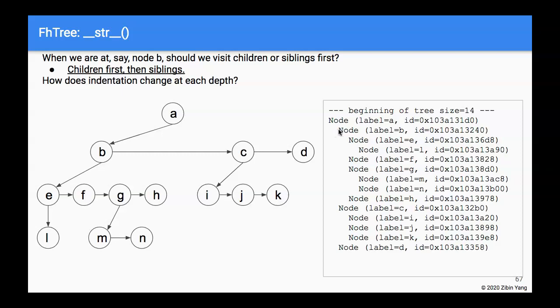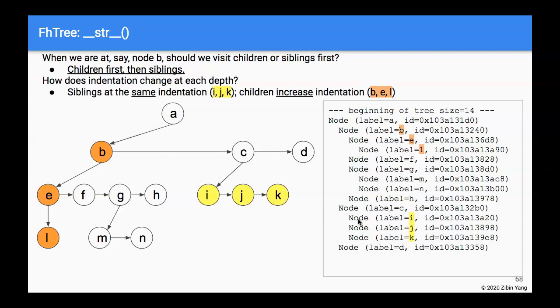The next question is, what about the indentation? The indentation helps us to see the structure of the tree, right? How does it change when we go to a different node? Well, if we look at this very closely, we can see how the indentation changes between siblings and between parent and child. Between siblings, let's say, for example, I, J, and K, the indentation does not change.